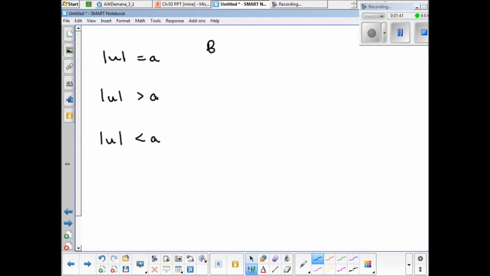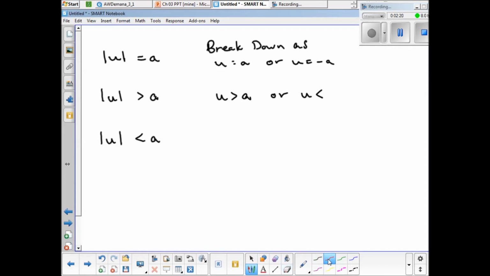You're going to break it down: u is equal to a, or u is equal to negative a. And anytime you're running into one of these problems here, the second style, where absolute value is greater than a, you would break it down into u is greater than a, or u is less than negative a.